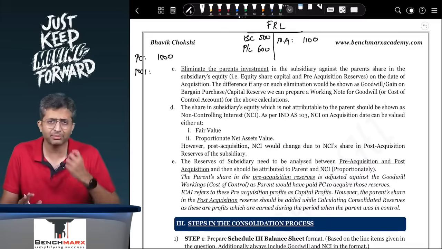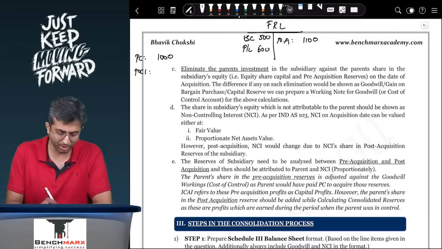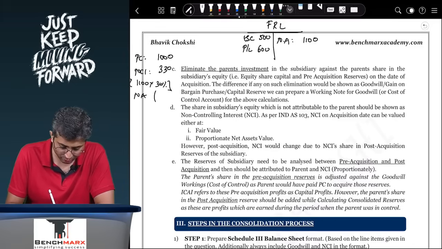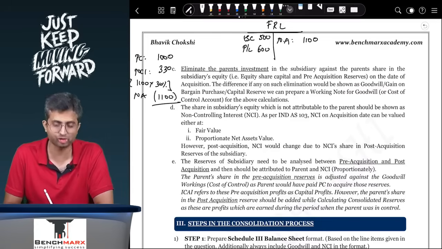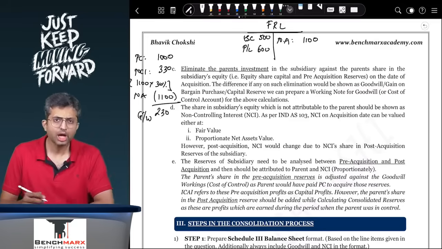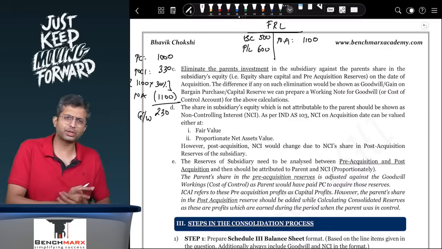But let us say for the time being, NCI using the proportionate net assets method would be, well, there are 1100 worth of net assets, 30% of them are attributable to the NCI, and as a result, this is 330, and net assets, 100% of the net assets, worth 1100, and hence the goodwill, which is called the partial goodwill over here, would be probably 230 rupees. So this is what you do typically in business combination.